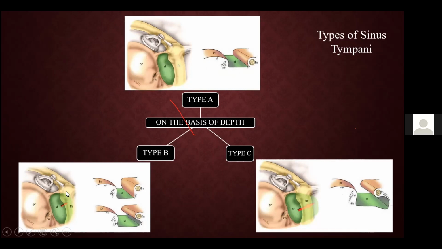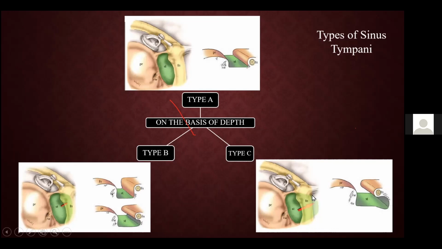In type B sinuses, which are deep sinuses, the sinus tympani extends medially along the medial border of the facial nerve, but it doesn't go posteriorly beyond. So this type of sinus tympani is difficult to clear of disease with the help of a microscope, and hence the endoscope gives better clearance.